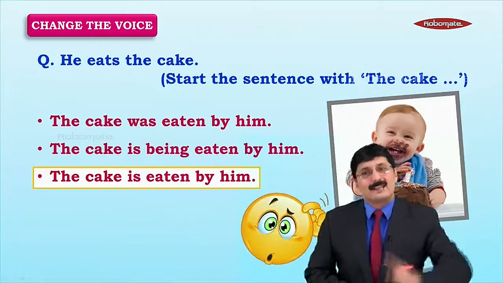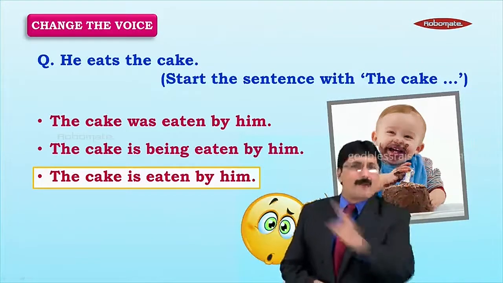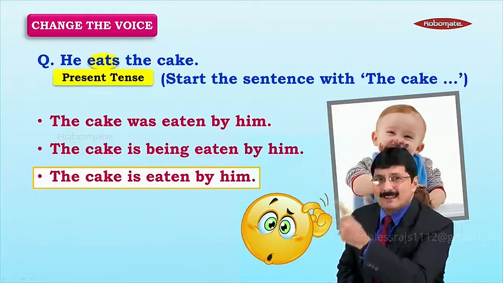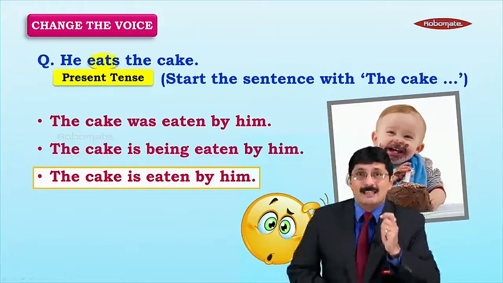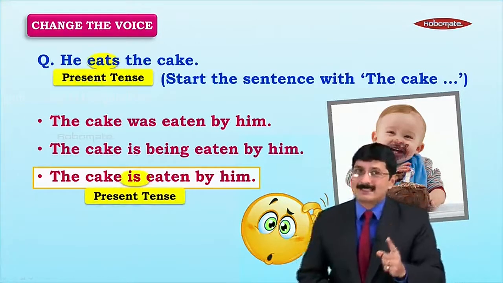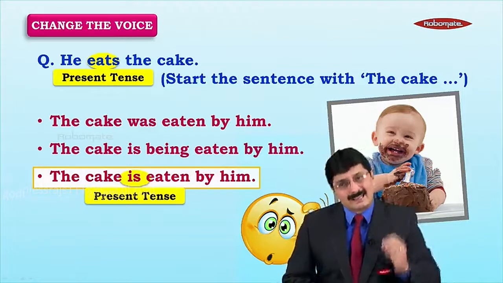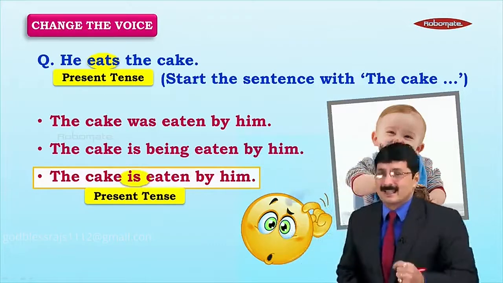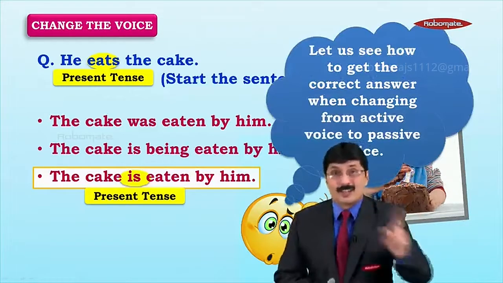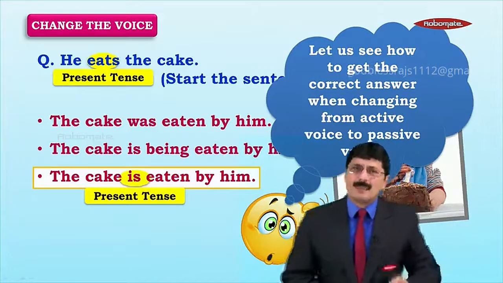Because, my dear friends, whenever you are changing from the active voice to the passive voice, remember, look at the tense of the question, simple present tense, and look in my answer, is the simple present tense, which means when you're changing the voice, you cannot change the tense. The tense has to remain constant.